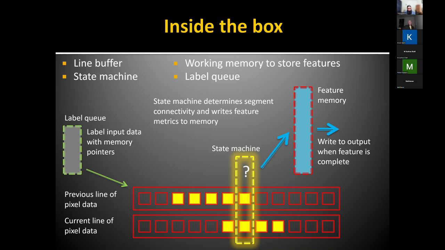So the worst possible detailed shape you can think of, or the most number of objects you could put in an image, it'll work the same way. It'll be done by the time you get to the end of the image. So by the time the last line of the image arrives, you're done no matter what has occurred in the image.